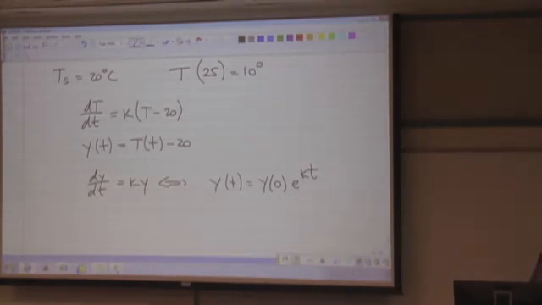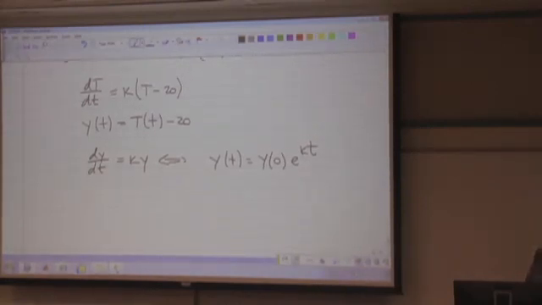Does that make sense? Okay? So now, can you tell me what y of 0 is? We need to figure out what k is. That's basically our goal.